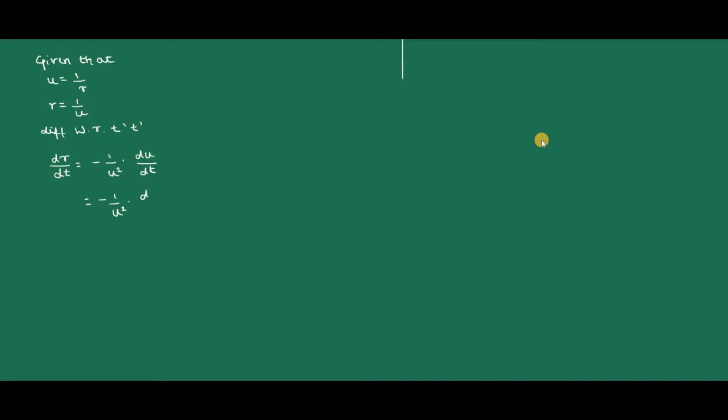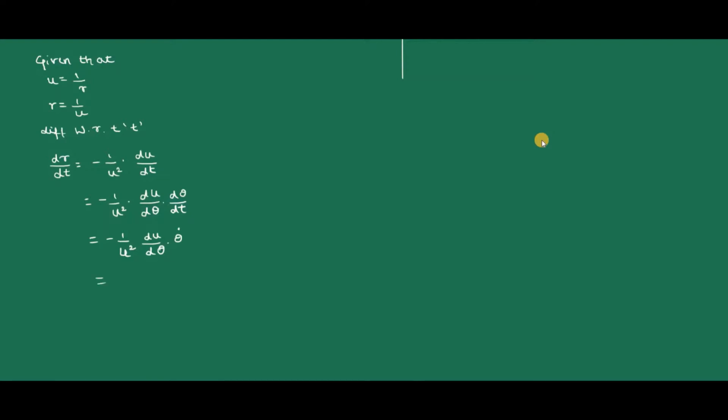With respect to theta, we can write it as du by d theta into d theta divided by dt. So this is equal to minus 1 divided by u square into du divided by d theta into d theta by dt, which is nothing but theta dot.